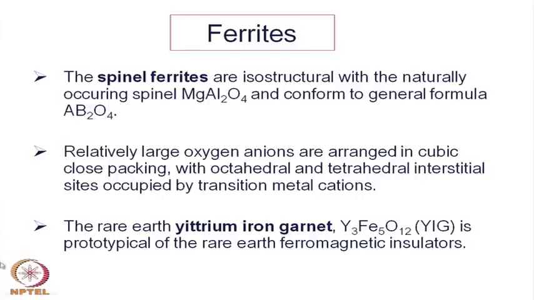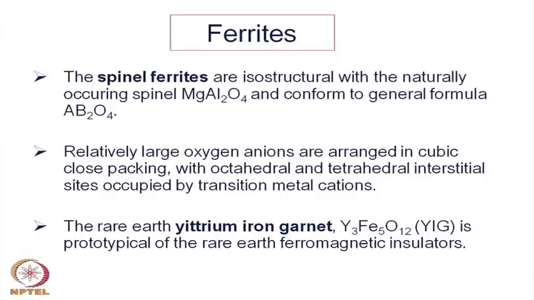And the garnet structure, with the rare earth yttrium iron, one of the important members of this garnet family is yttrium iron garnet, okay, where the rare earth is yttrium, iron is anyway there, Fe2O3, and then it is called yttrium iron garnet or YIG.